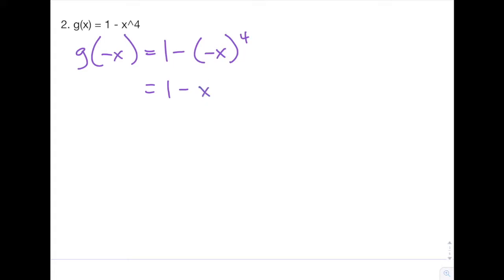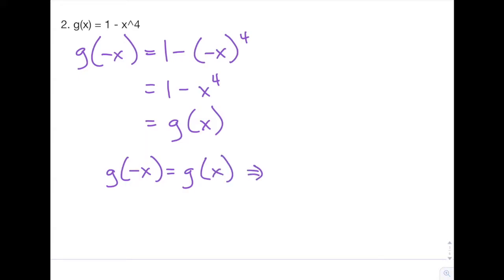So we have 1 minus x to the fourth, and this is the same thing as our original function, g of x. So since g of negative x equals g of x, this implies that g is even, since we satisfy the condition that g of negative x equals g of x.